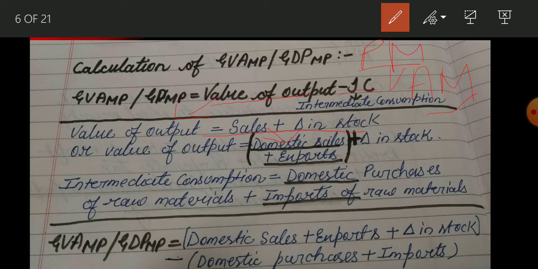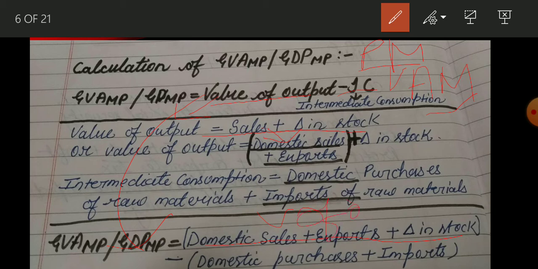So in this way we can write value of output is equal to domestic sales plus export plus change in stock. Now intermediate consumption is the sum total of domestic purchase of raw material plus imports of raw material. All these three make value of output: domestic sales plus export plus change in stock.